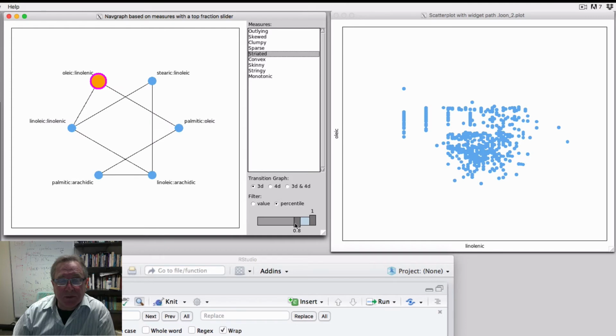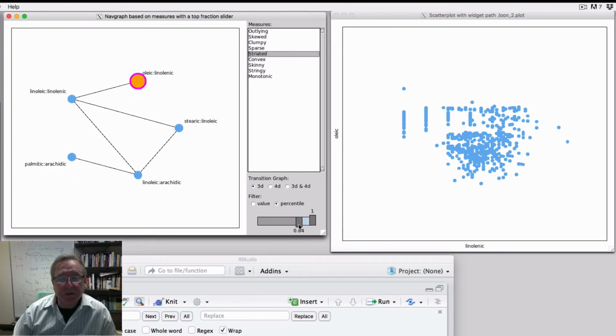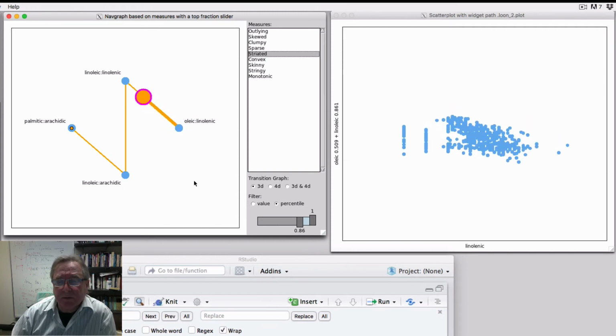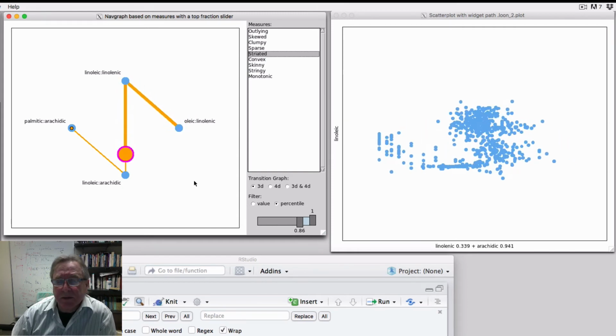Again, the top 20%, maybe the top 15%. So suggesting these are the pairs of variates that demonstrate the lines in the data.